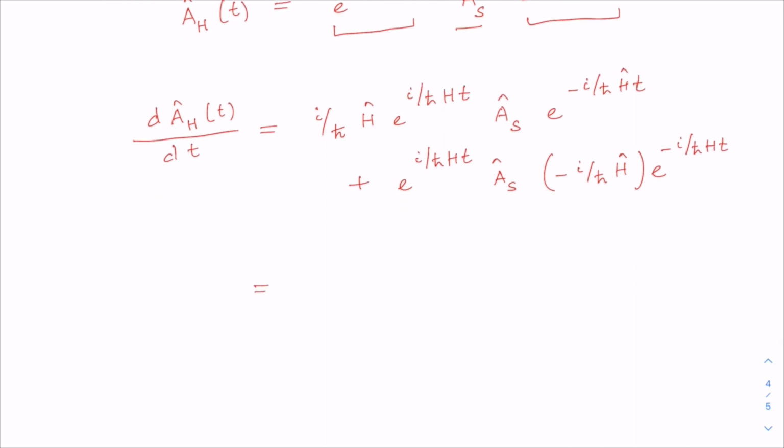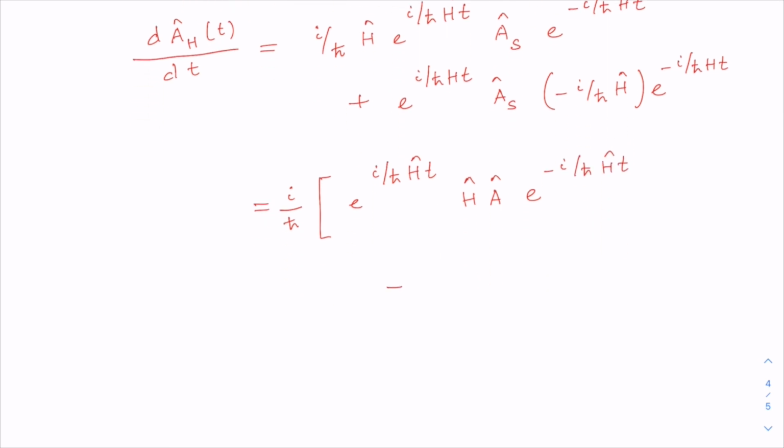Okay, this I can write as i by h cross e to the power i by h cross H t, H A, e to the power minus i by h cross H t, and I have e to the power i by h cross H t, A_S, H e to the power minus i by h cross H t.